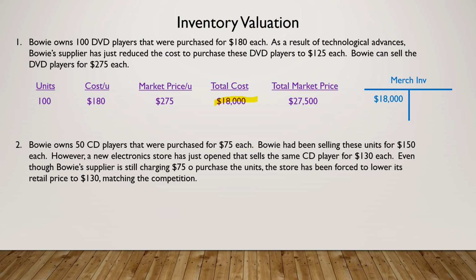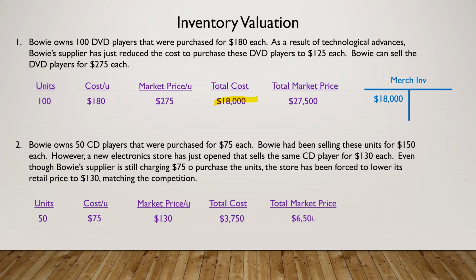We can set this one up the exact same way as number 1. Bowie has 50 units at a cost of $75 per unit and a market price of $130 per unit. Multiply our totals to get a cost of $3,750 and a market price of $6,500.